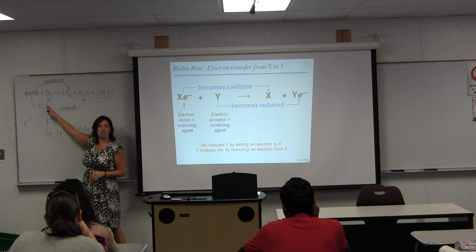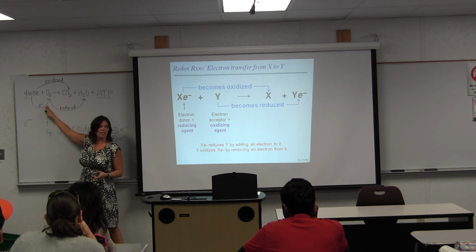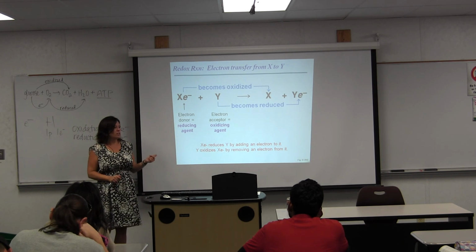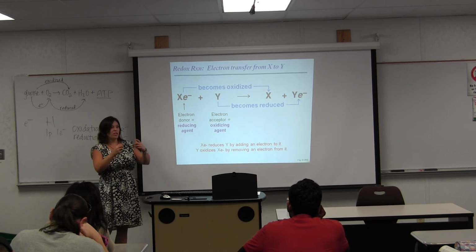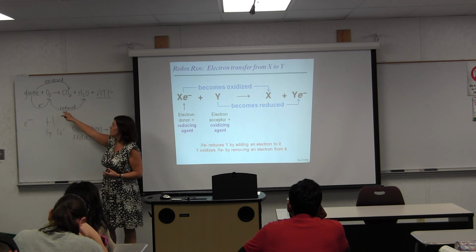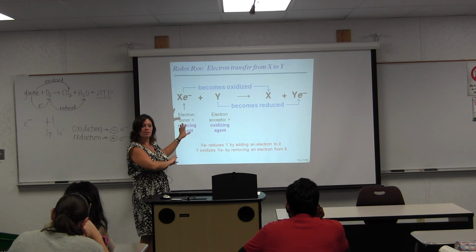And then oxygen would serve as kind of Y in this example. And this is going to be the oxidizing agent because it's going to be accepting those electrons from glucose. All right, are we okay with this?